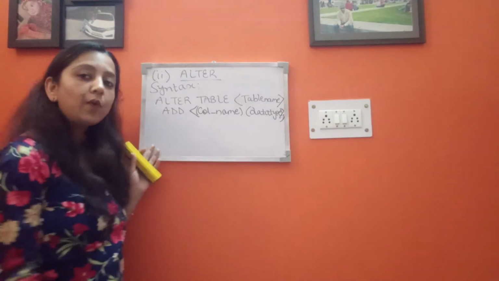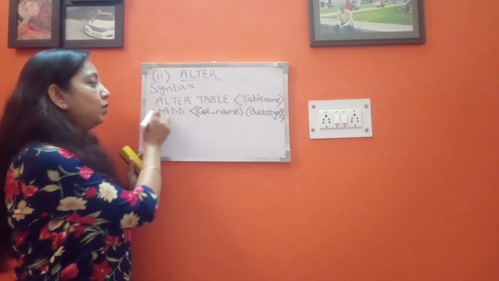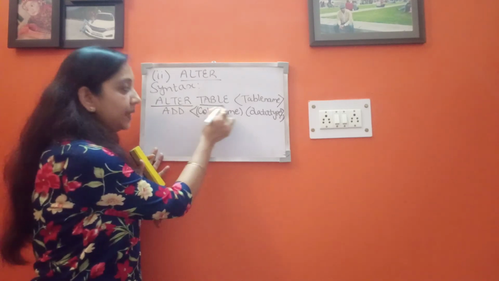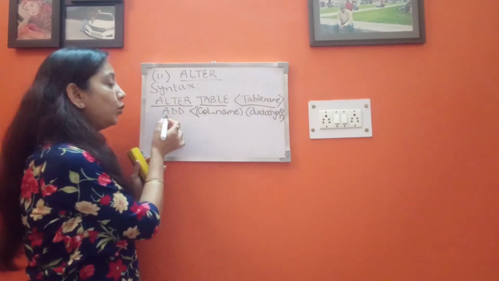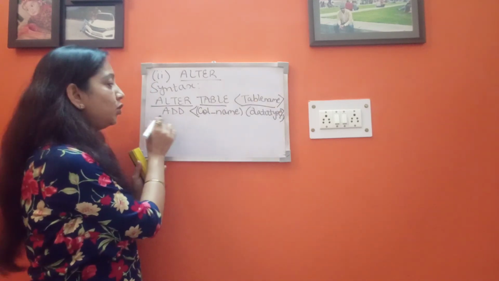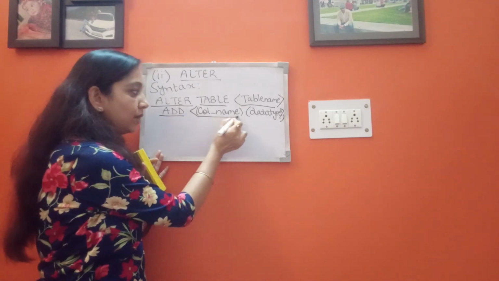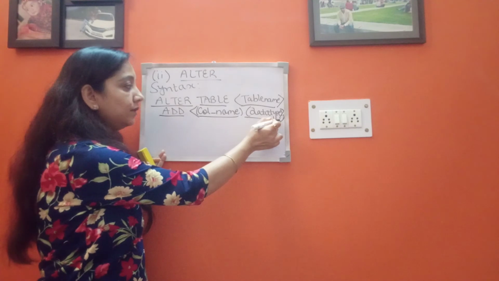So if I want to add a new column or a new attribute to the table, I will give the keyword alter. Now what do I want to alter? The table. What is the name of that table? Here I will give it. What do I want to do in the alter command? I want to add a new column or a new attribute. So what is the name of that column? I will specify, and what would be the data type of that particular column? That also I will specify.